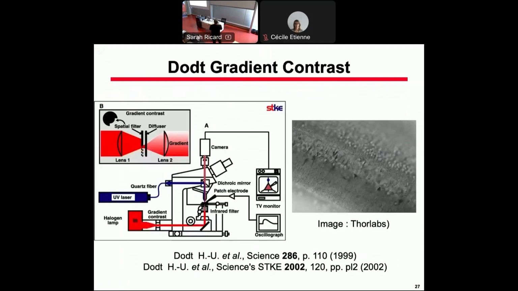It has been improved quite recently. Again, with oblique illumination, here you see the mask, which is a condenser.